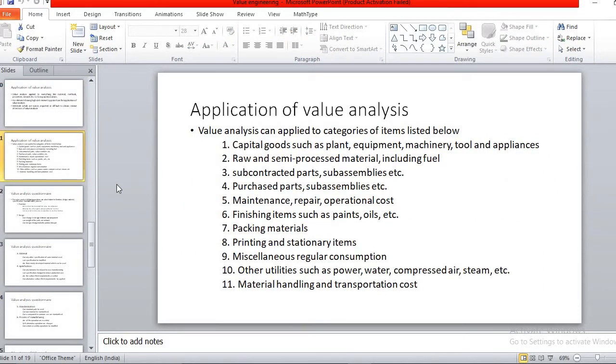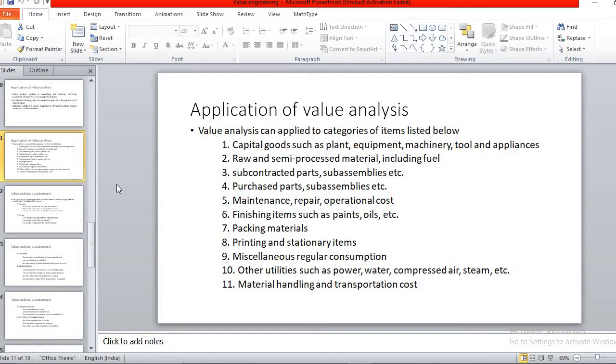We can apply this value analysis to capital, such as plants, equipment, machinery, like that. We can apply it to raw materials, subcontracted parts, purchased parts, maintenance, finishing parts, packaging material, or energy resources such as power or utilities, water, compressed air, steam, etc. Also material handling and transportation cost.